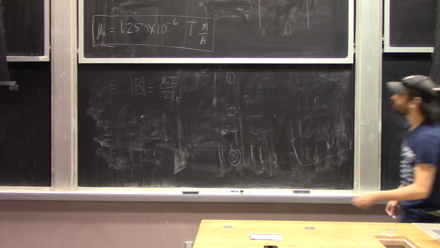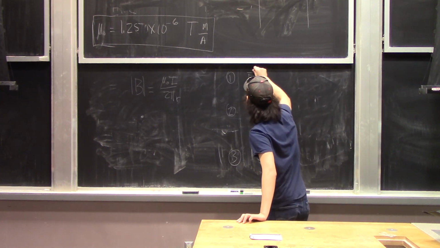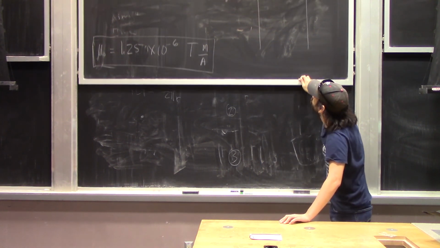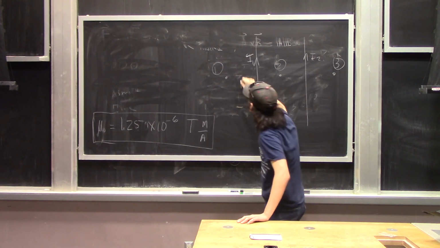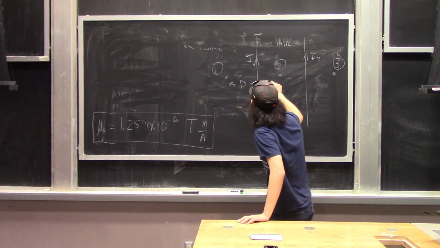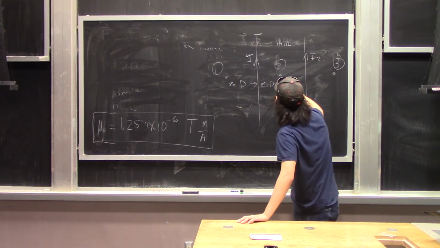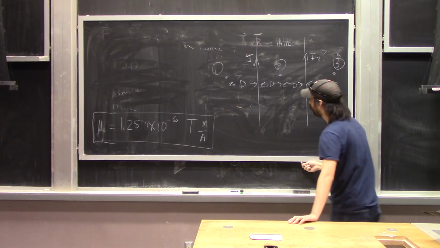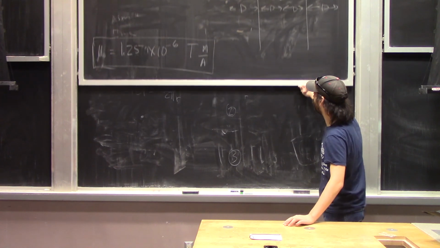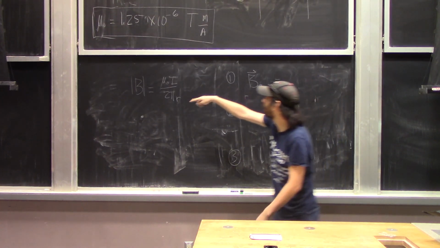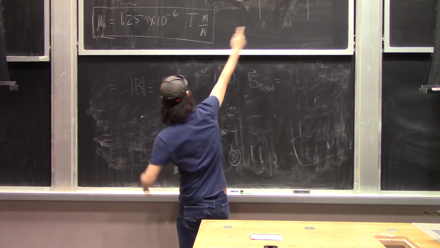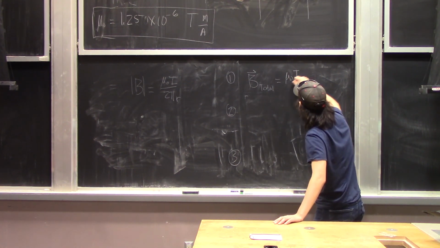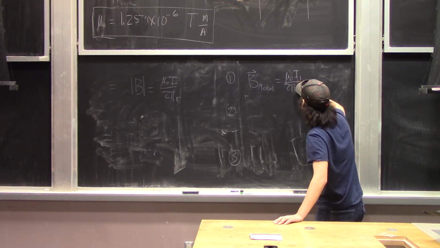And so for point 1, the total magnetic field is going to be equal to, let's call this distance here some distance d. Okay, so this is d, this is d, this is d, and then this is d. So for this point here, we have 2 magnetic fields, one from current 1, one from current 2. The one for current 1 is going to be mu naught I1 divided by 2 pi d.